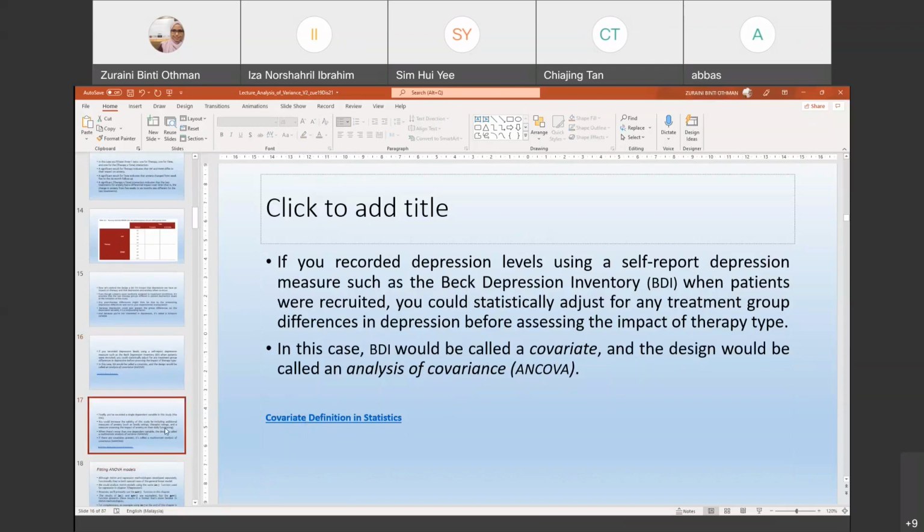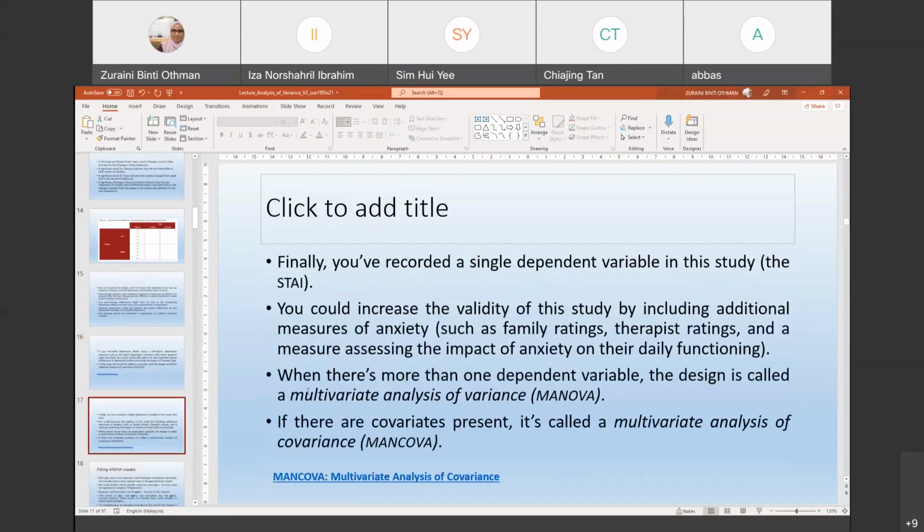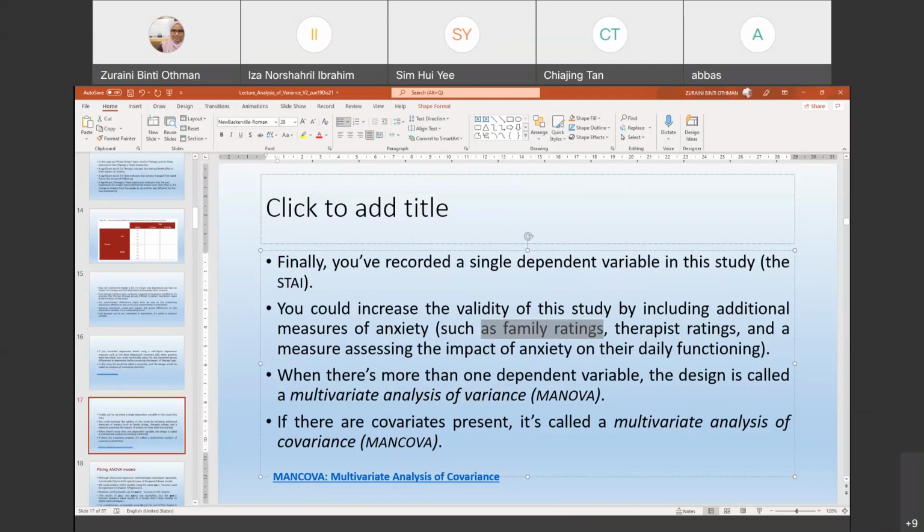Okay, then finally you record a single dependent variable in this study, which is anxiety. You could increase the validity of this study by including additional measures of anxiety such as family rating, therapist rating, and a measure assessing the impact of anxiety on daily functioning.